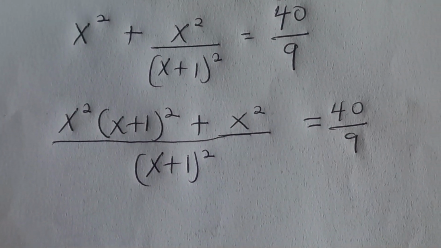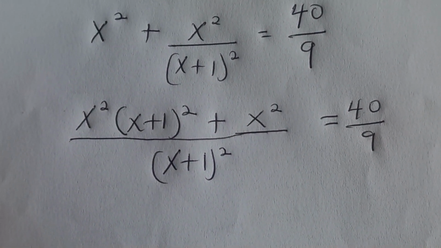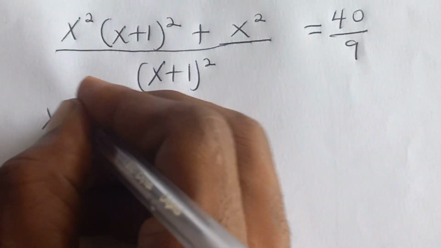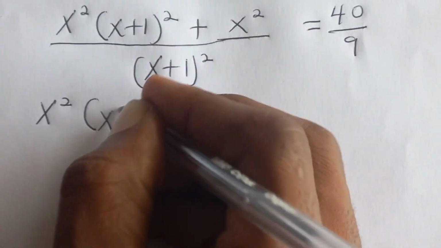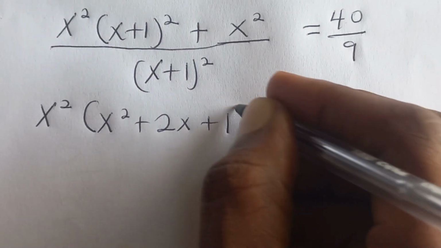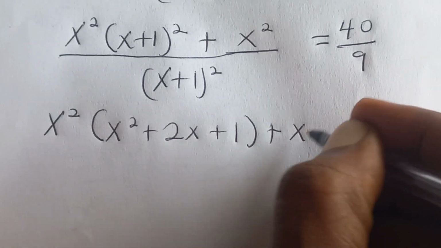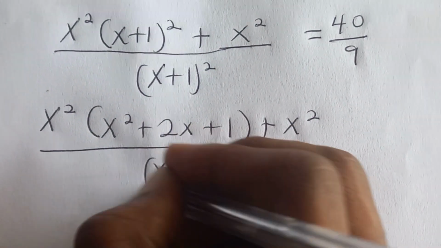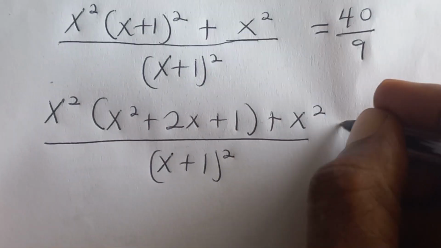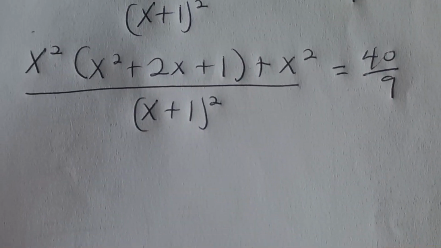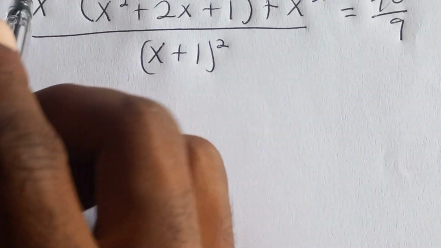Okay, so now we can expand this, which is x squared into bracket x squared plus 2x plus 1, plus x squared, all over (x plus 1) all squared, which is equal to 40 over 9. Okay, now let's simplify this.